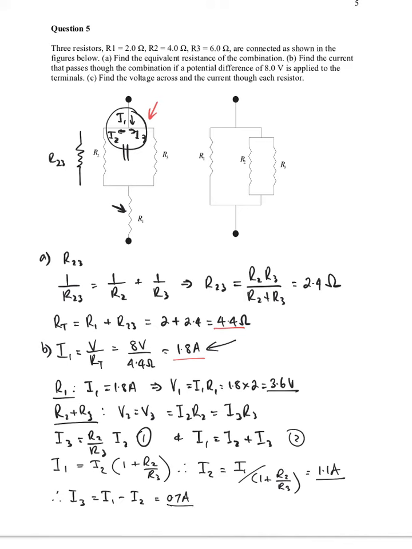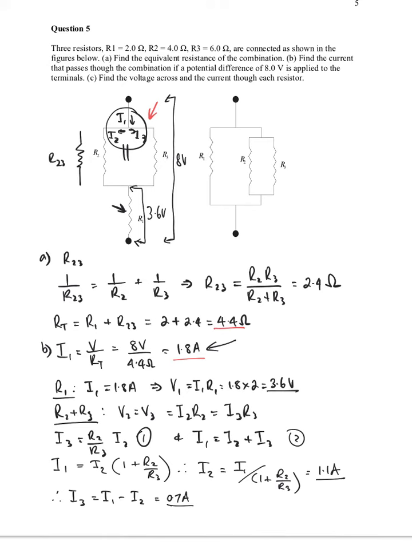And the last thing we're asked to do is find the voltage drop. And we know the voltage drop across R2 and R3 is equal. We also know that the total voltage drop, so from here to here, is 8 volts. The voltage drop from here to here, we worked out earlier as being 3.6 volts.